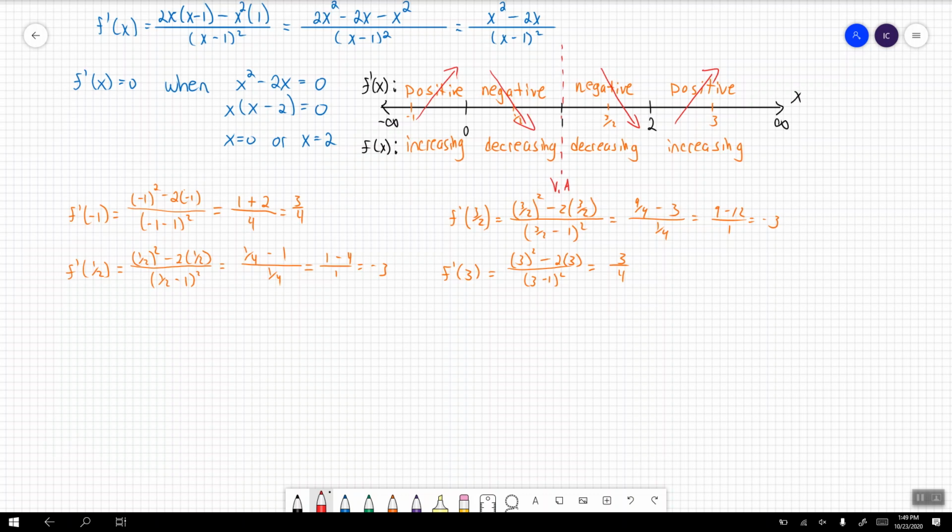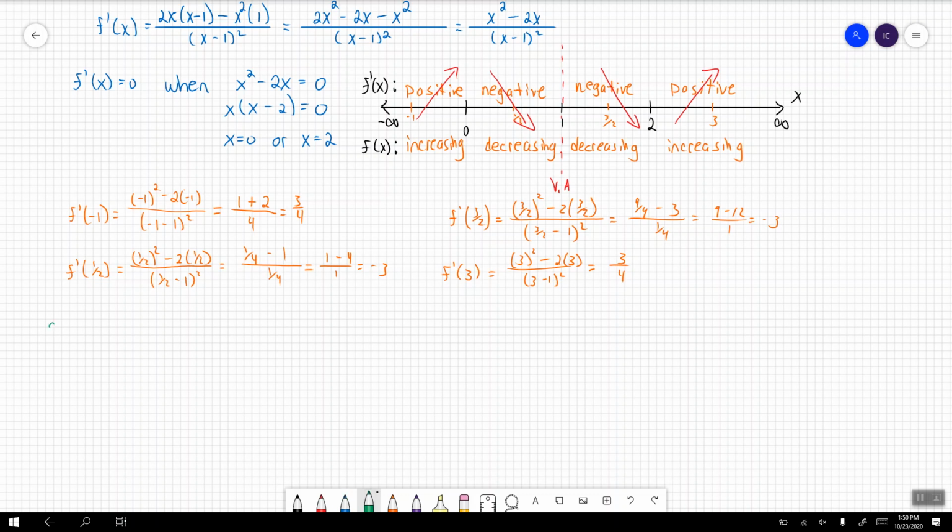The thing is, now we want to identify what those values are. So in order to identify what those values are, we're going to need to substitute in the x values, those critical numbers that we identified. Substitute those values into the function.